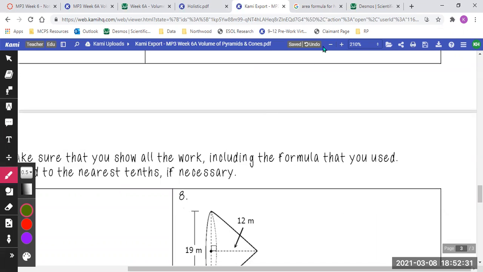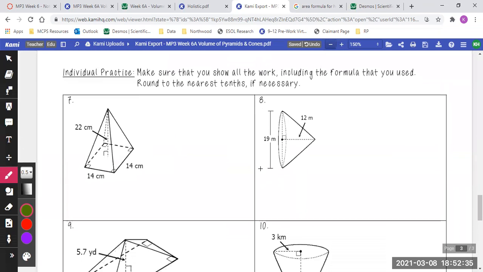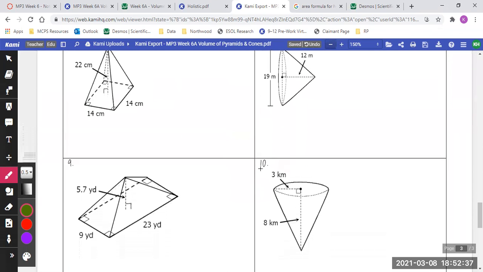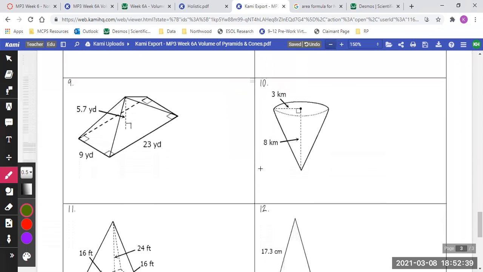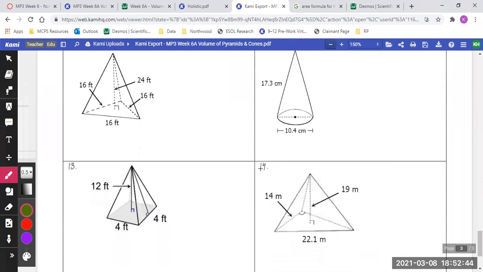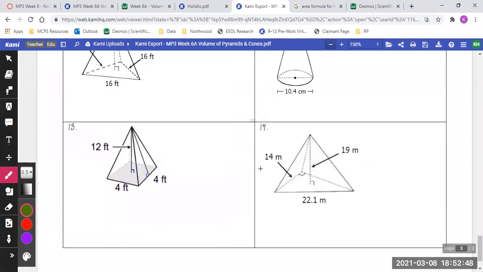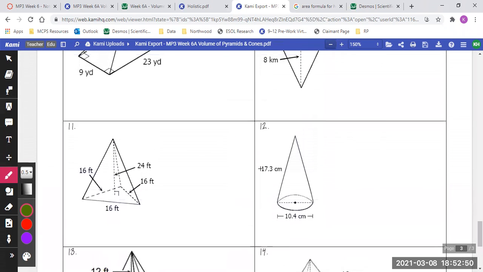You should be able to, let me zoom out a little bit so we can see it all, see if there's anything else that you would like me to look at. If it's a pyramid, if it's a cone, it's 1/3 times the area of your base. All right, so you can show that here on this CamiDoc.